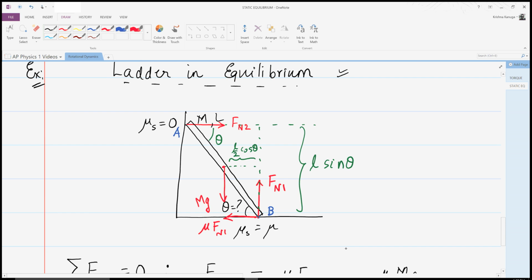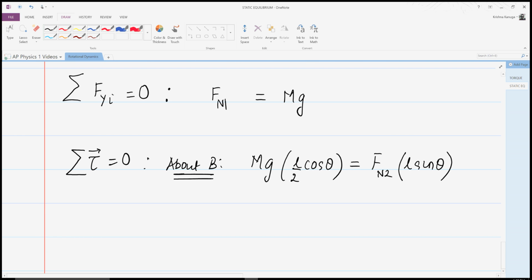But we know that Fn2 is simply mu mg, so this tells us that mg L cosine theta over 2 is equal to mu times mg times L sine of theta.